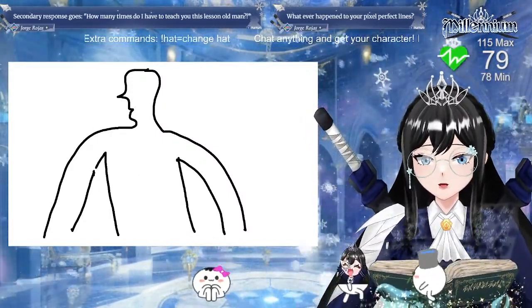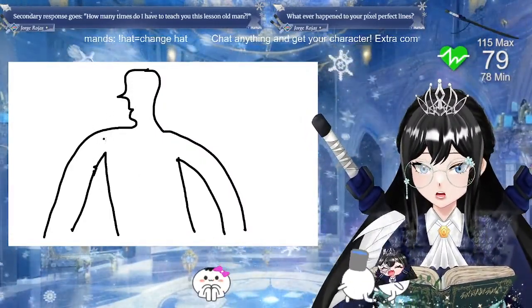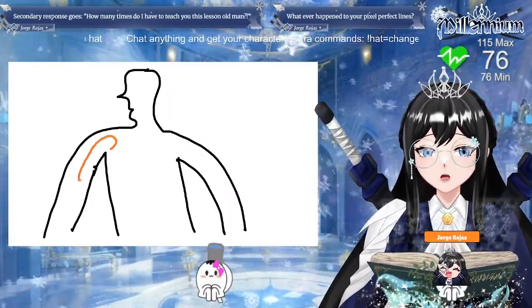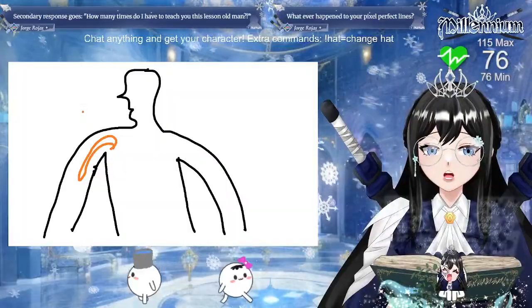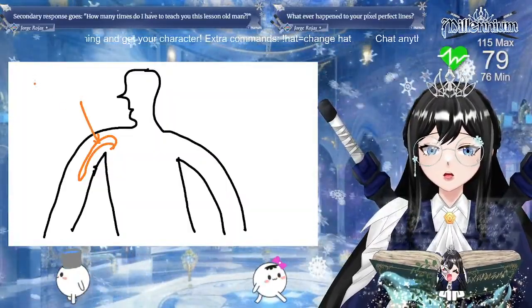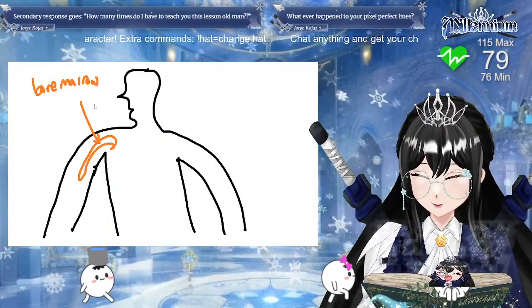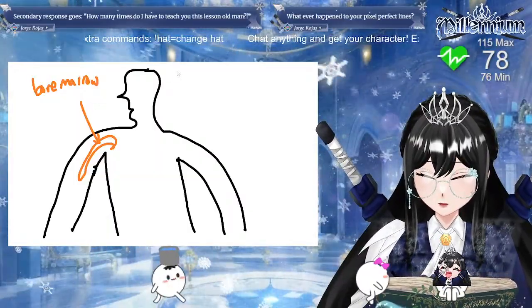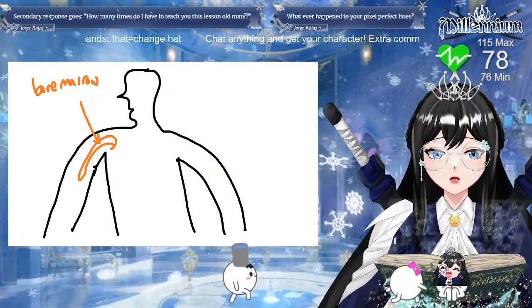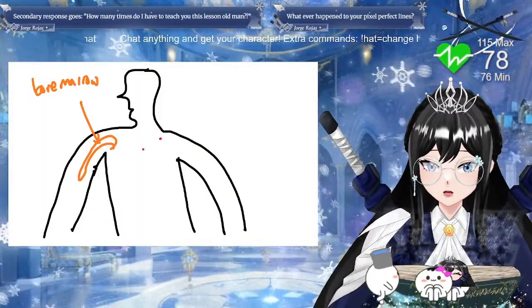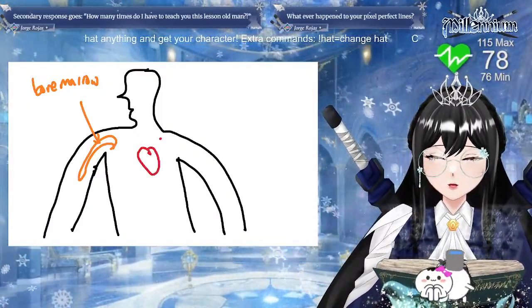You have the bone marrow. Let's draw the bone marrow here. Yup, beautiful. That's the bone marrow. The bone marrow would deliver stuff to the lymph node. Oh no, not yet. This is your heart.